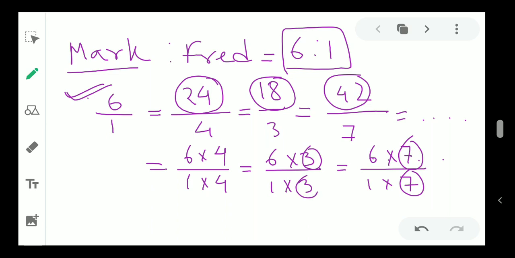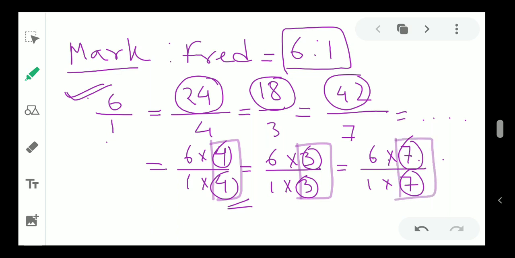Now I will find the definite thing that is multiplied with 6x. That means 6 or this one. So my job is to find out actually which number is multiplied with 6 and 1. So how to find out that?